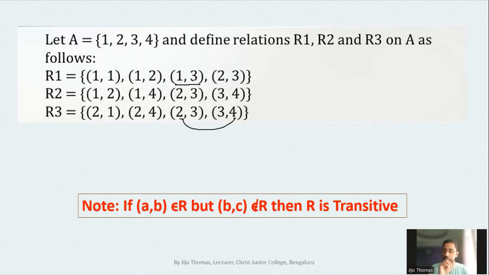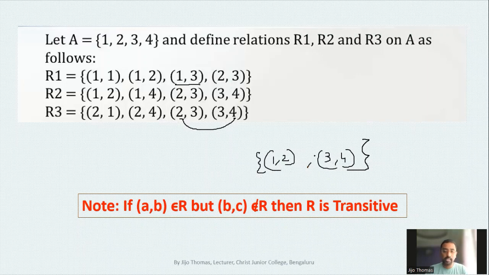AB, BC, then only AC. Or in other words, you should be able to find one example which is not satisfying the condition, where AB, BC is there but AC is missing. One AC missing you have to show. For example, if I take 1,2; 3,4: for 1,2, nothing else is starting with 2, so we don't have to check for that element.